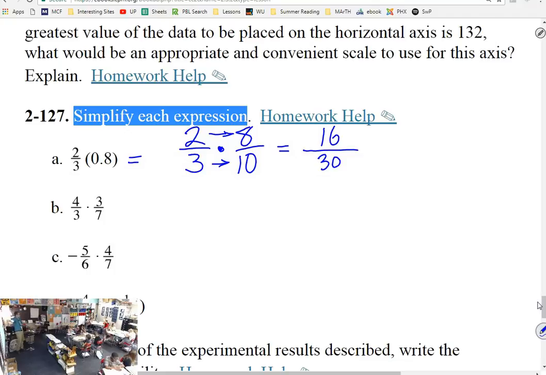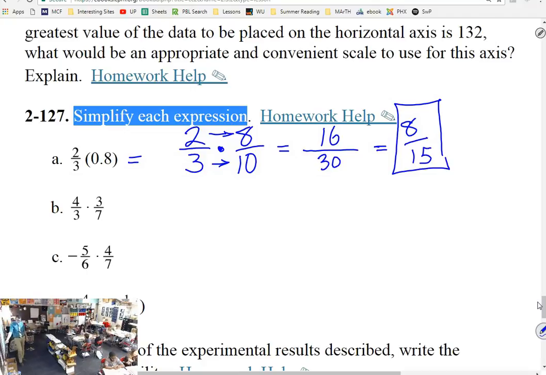I could leave it right there, and I have simplified it. Now, I could reduce this. These are both even. So if I'm going to simplify all the way, I want to keep going until I can't. So we divide by 2, divide by 2. We do the same thing top and bottom. I did not actually change anything. This is right about where we get stopped.